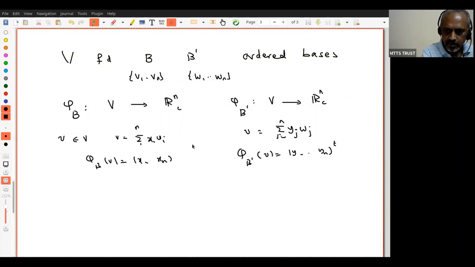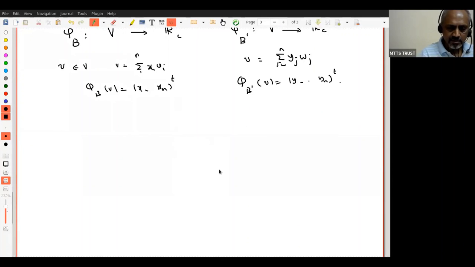If you want the column vector, then I have to put a transpose. So with the same vector space, if I choose different ordered bases, the coordinate maps will be different.